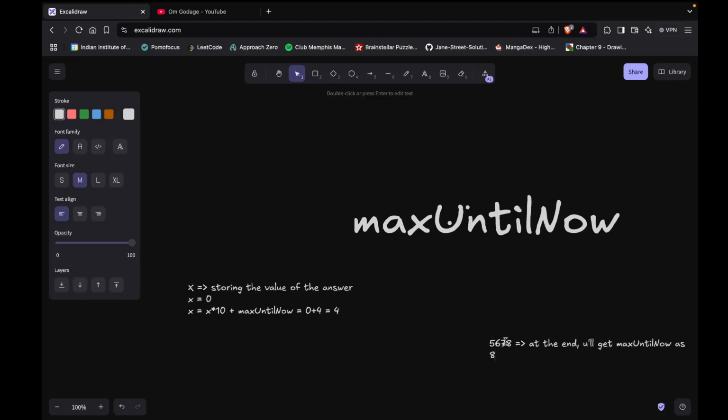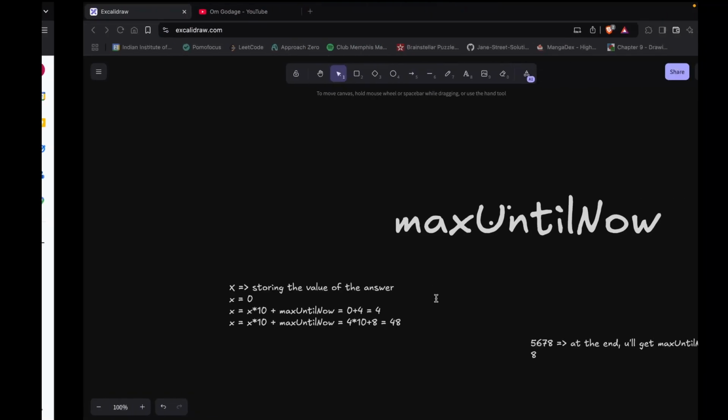I hope you can see that. And then you will come over here and do x equals x into 10 plus max until now again. So this will now be 4 into 10 plus 8, which will give you 48.